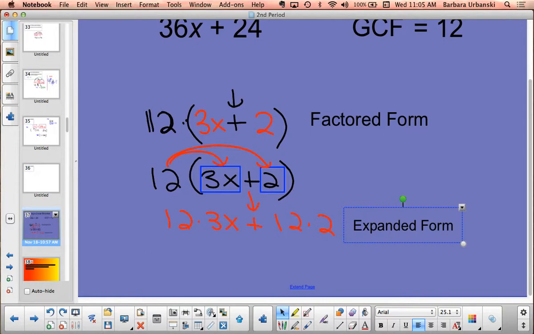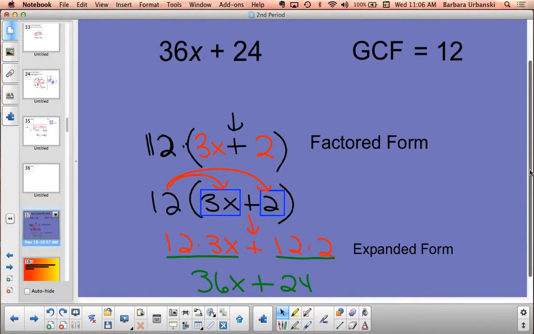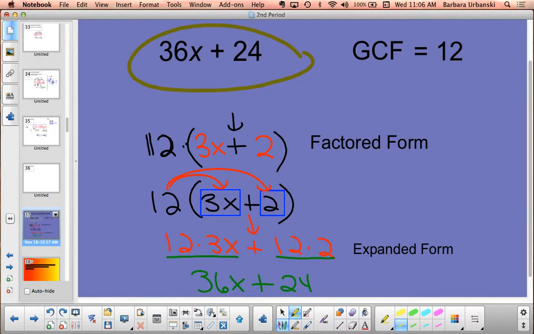And if we chose to use order of operations, we could say that we have no parentheses, we have no exponents, we do have multiplication or division. Here, multiplication, left to right, whatever comes first. 12 times 3x would give us our 36x, keep our sign of operation. 12 times 2 would be 24, and that would take us right back to our original given problem.